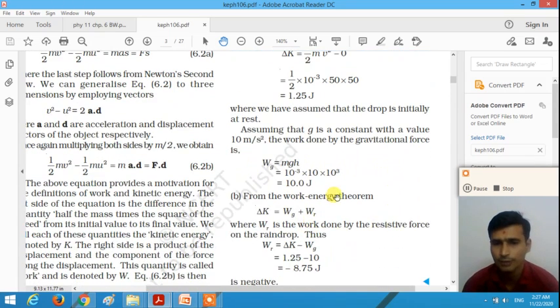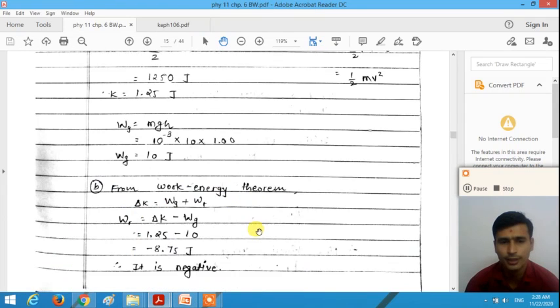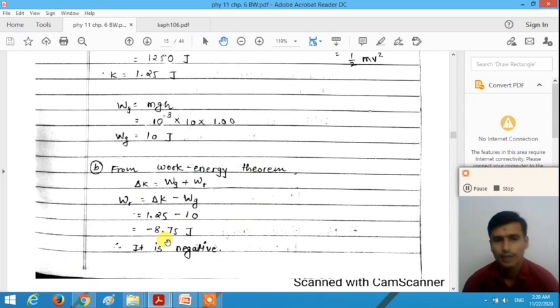Now according to the work energy theorem, the change in the kinetic energy is equal to work done by the gravitational force plus work done by the resistive force. So from this formula you can easily calculate the work done by the resistive force, and it is negative.